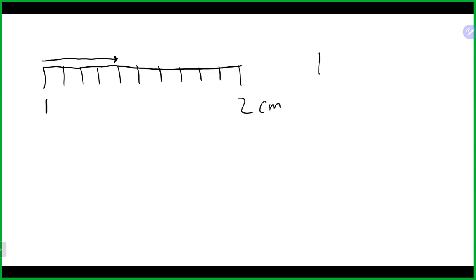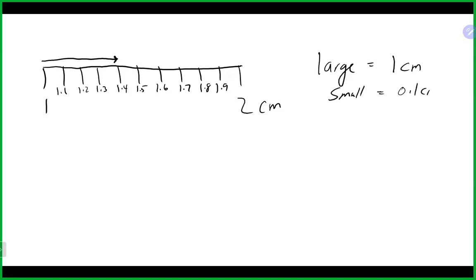So again, just like we saw before, our large marking is going to represent 1 centimeter. We again have our 0.1 for our small markings. Let me just fill those in like we had before. So clearly, if I look at it, I'm dead on this marking right here, which is 1.4.